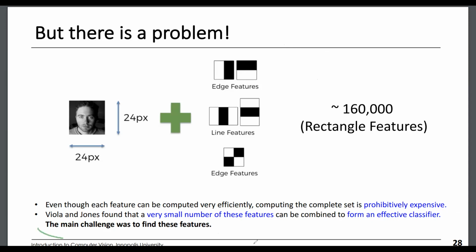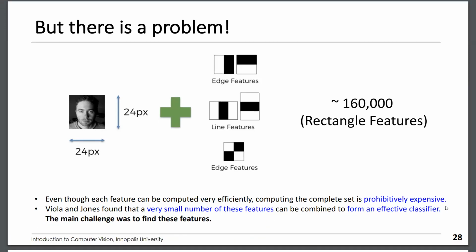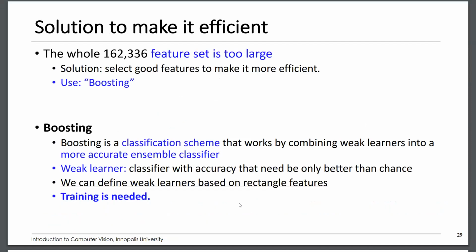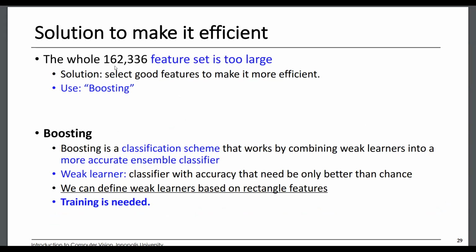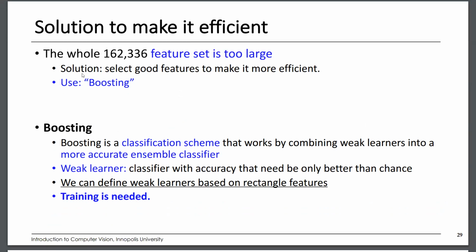So the main challenge was to find these weak features that can be combined into an effective classifier. We have 160,000 features, which is a very large set. The solution is to select good features to make it more efficient using boosting.